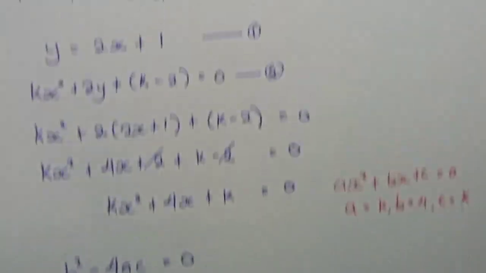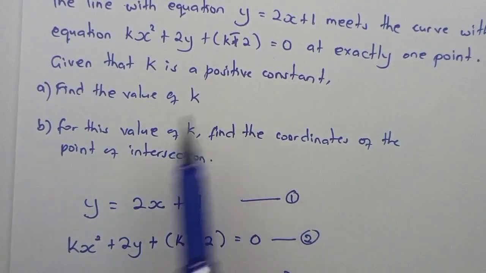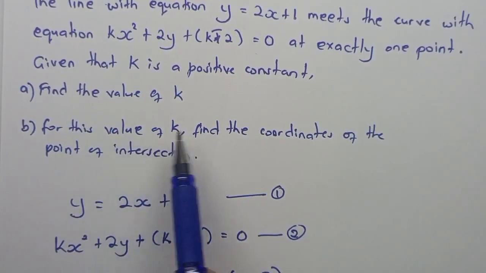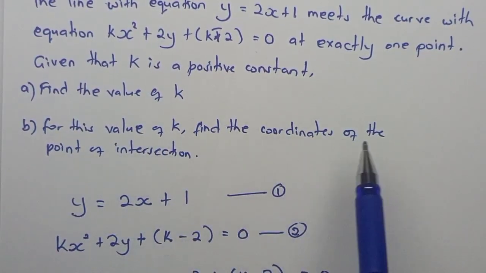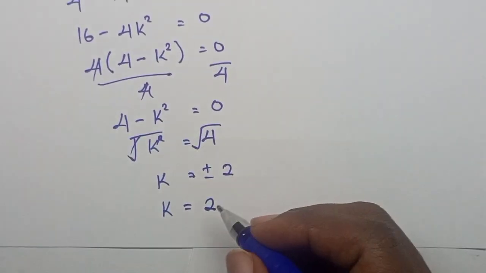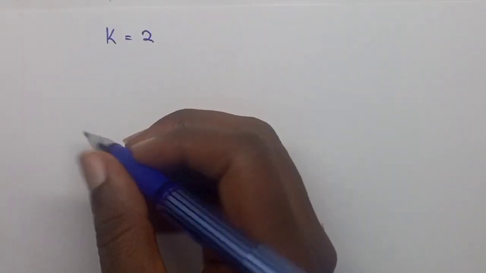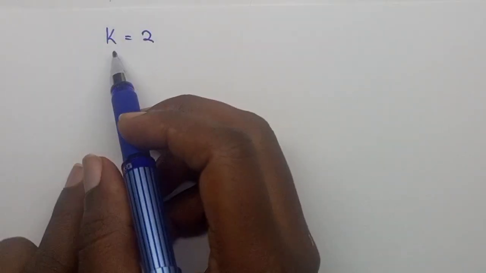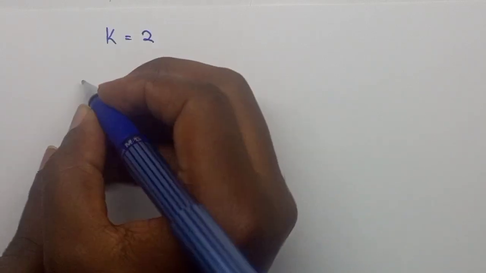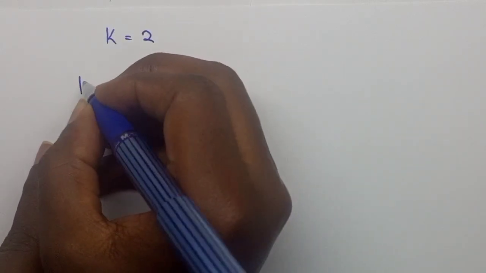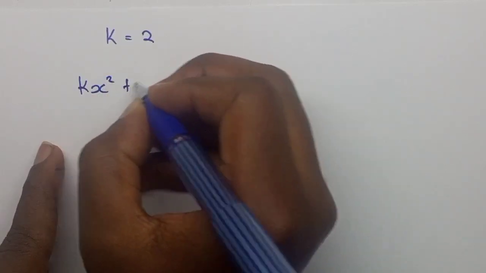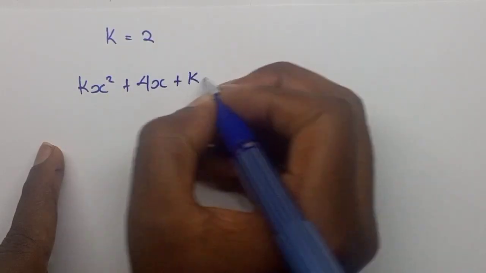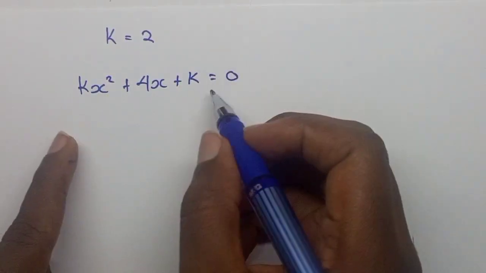Now, since we've solved part A, which is the value of k, for part B we were told to use the value of k to find the coordinates of the point of intersection. So for k is equal to 2, we are going to substitute k into our original quadratic equation, which was kx squared plus 4x plus k is equal to 0.